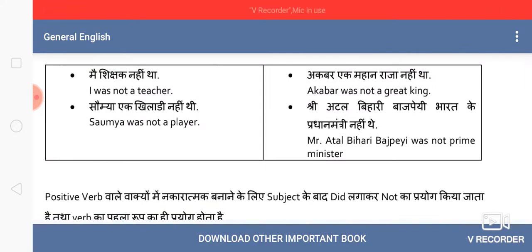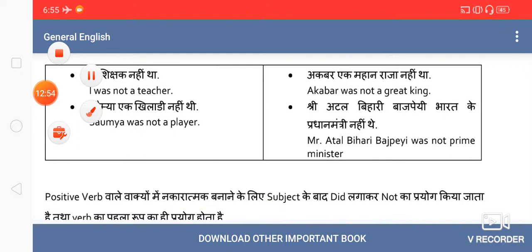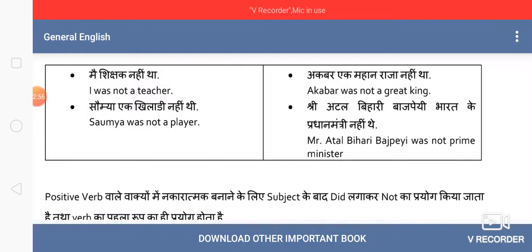If I say, I did not go there, I am telling you one example of transitive verb. I subject, did, then not, then go, first form only, because I have already used did, and did is the second form, or past participle, of do or does.